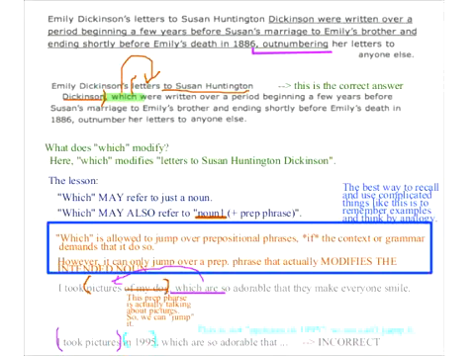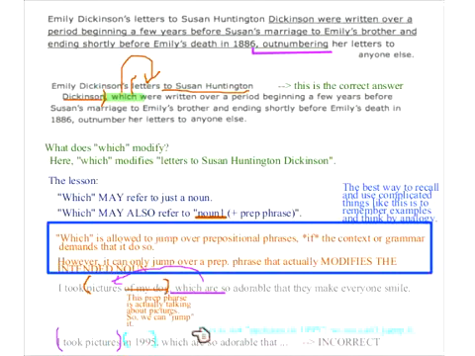If you try to remember this as an abstract rule, like which is allowed to jump over prepositional phrases if the context or grammar demands, however, it must jump over a prep that modifies, well, you're not going to be able to use it. It's going to be way too complicated. It won't work. At least I'm not smart enough to do that. Maybe you guys are, but in 1,000 years I would never be able to do that.